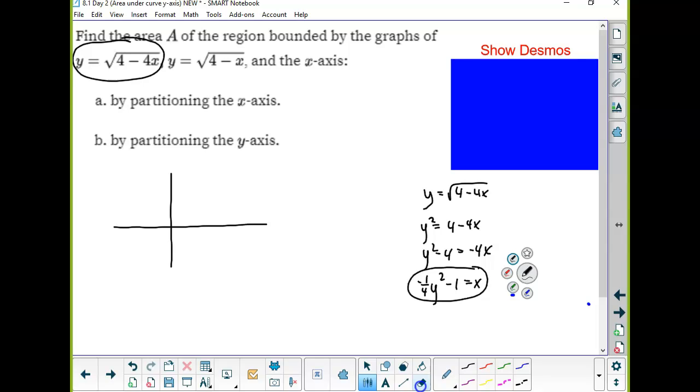And then it's going to shift 1 unit back. I'm not sure if you are super comfortable with that, but again, we don't need an awesome graph here. I just need a quick little understanding. If I have y squared, instead of the parabola opening up this way, a y squared would open that way. It's kind of a reflection.